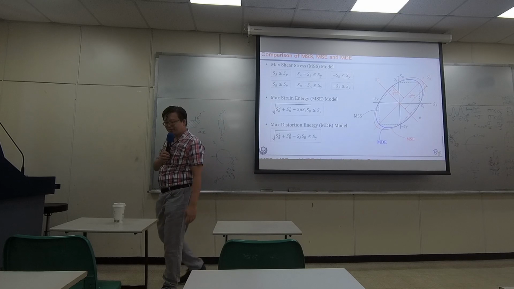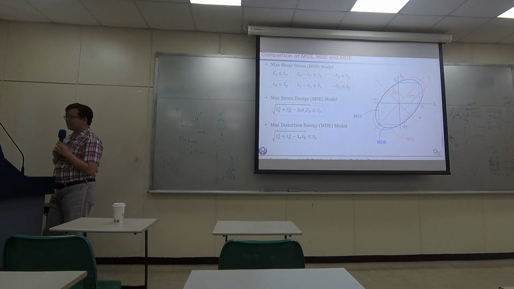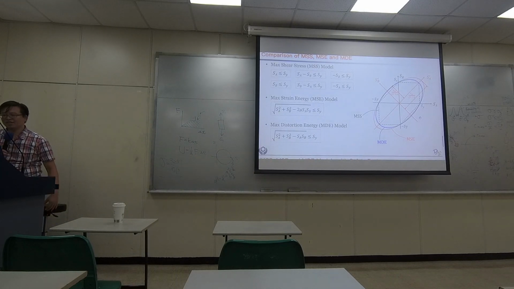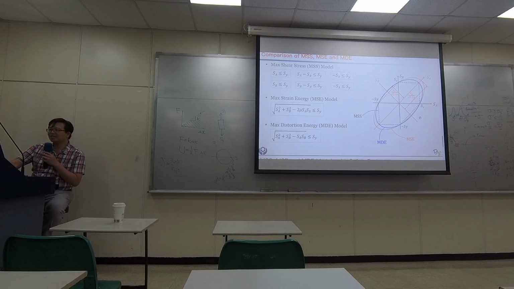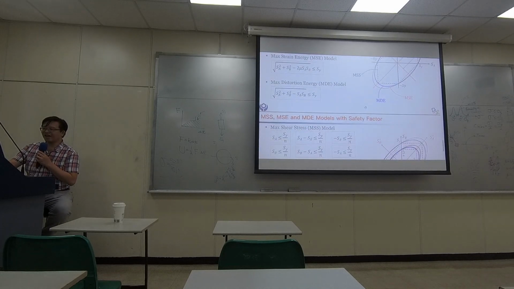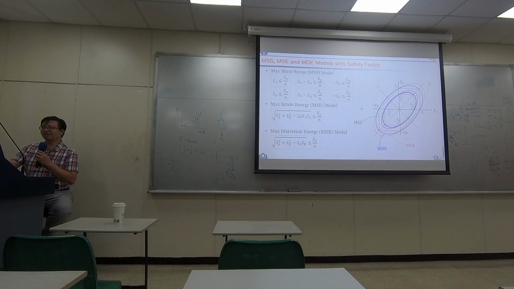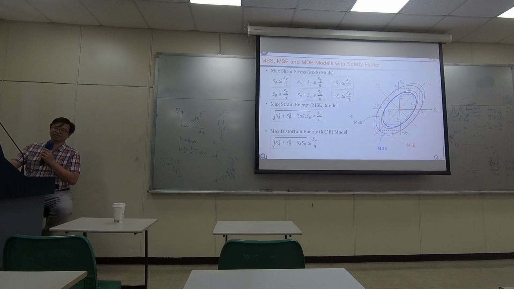Okay. So overall, at the end, if we apply a safety factor, this is what we're looking for. Okay. The original models, the dashed line, the red curve, and the blue curve, and also the ones with consideration of safety factors.